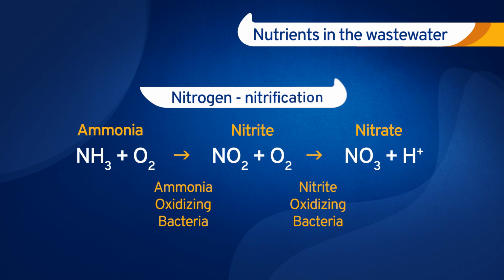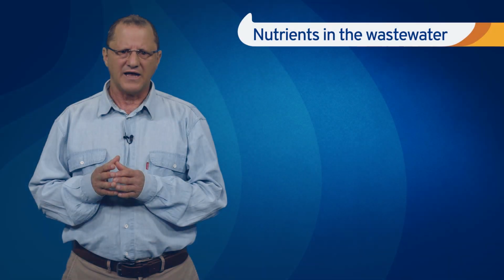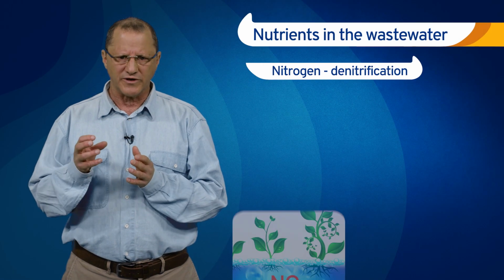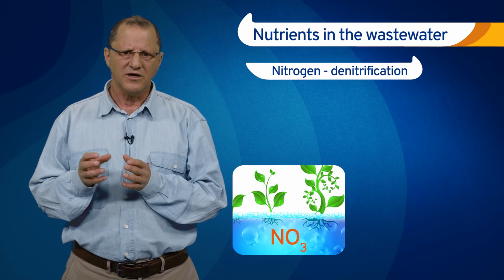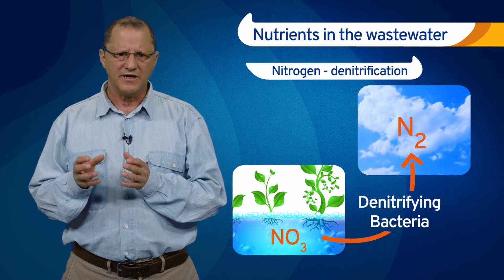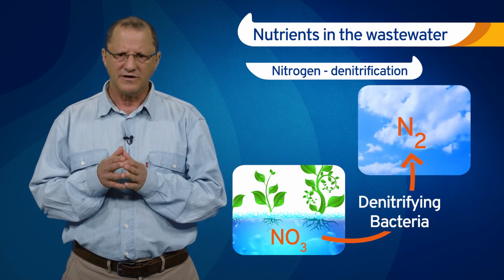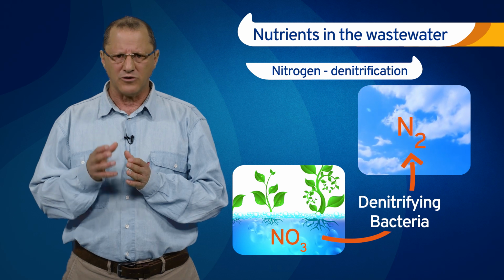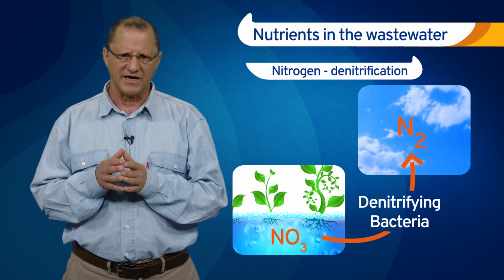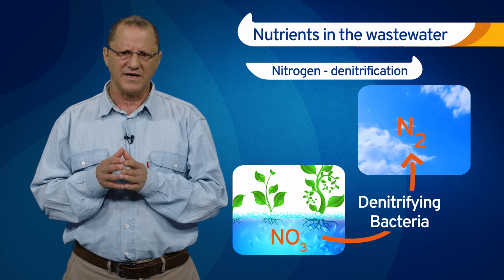Briefly, as outlined in the slide, much of the ammonia is biologically transformed into nitrate under aerobic conditions in a process called nitrification. Under anaerobic, or more accurately, anoxic conditions, which means without oxygen but in the presence of nitrate, the nitrate can be biologically reduced to nitrogen gas through a process called denitrification.